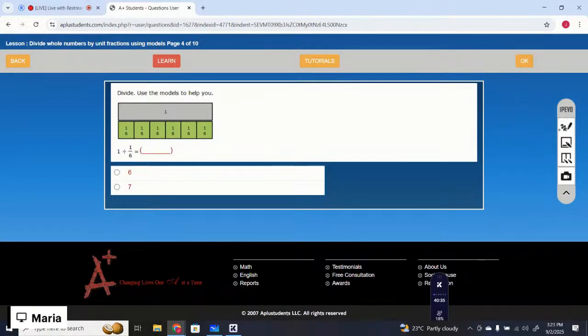Divide 1 divided by 1 by 6. 1 divided by 1 by 6 means you need to divide 1 into 1 by 6. 1 by 6 means you have to divide into 6 equal portions, right?